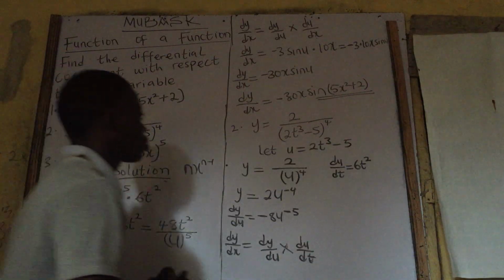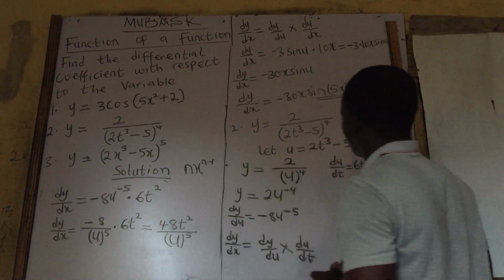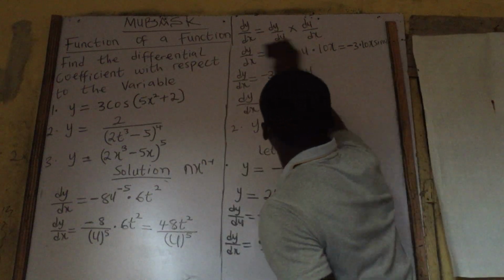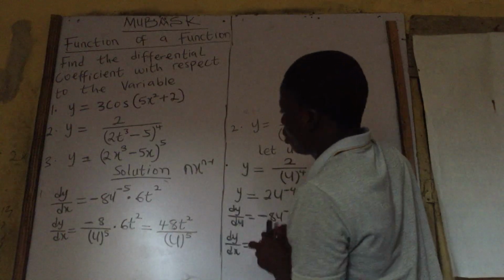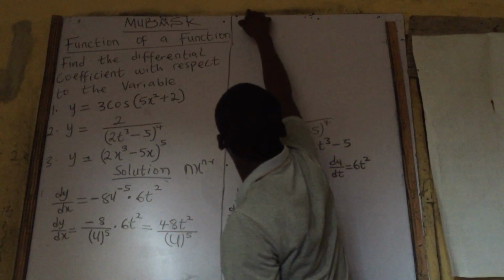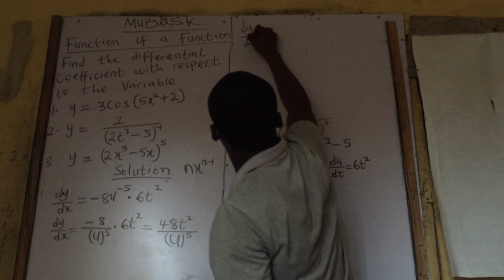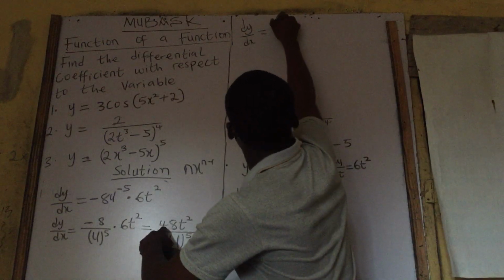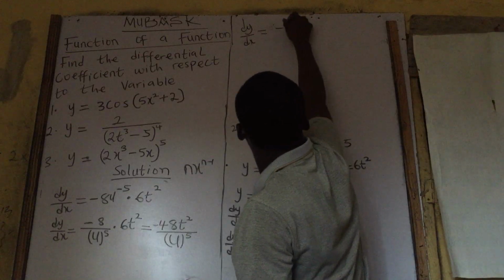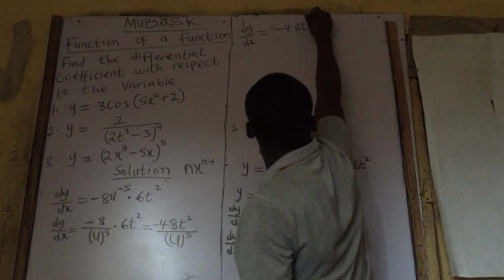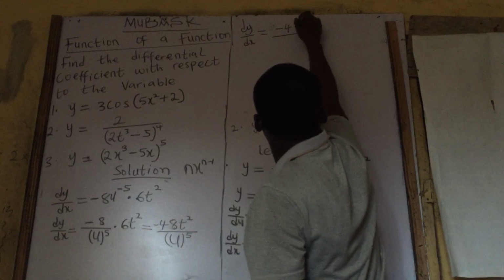Now dy over dx equals what? Minus 48t squared divided by what?